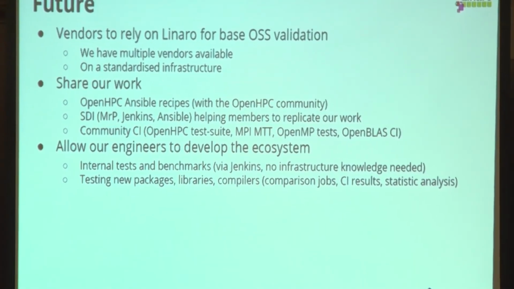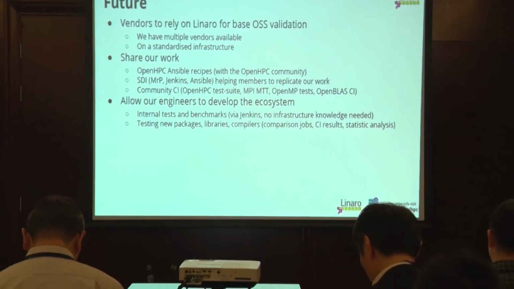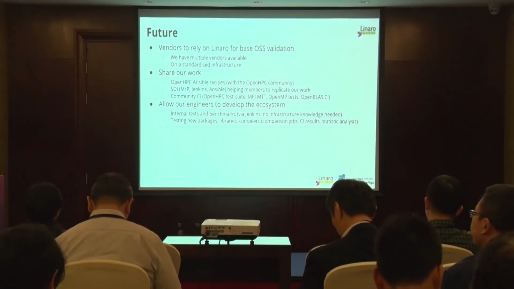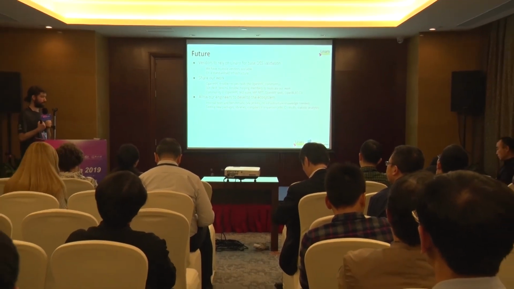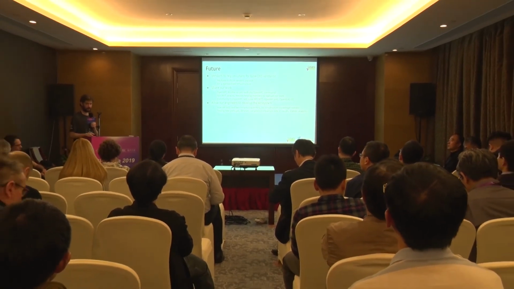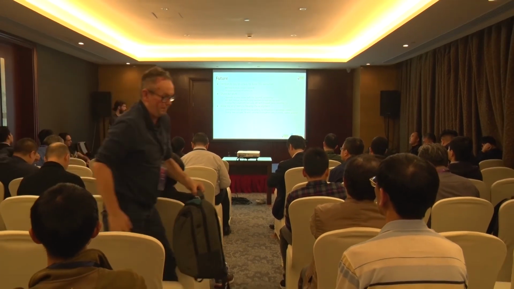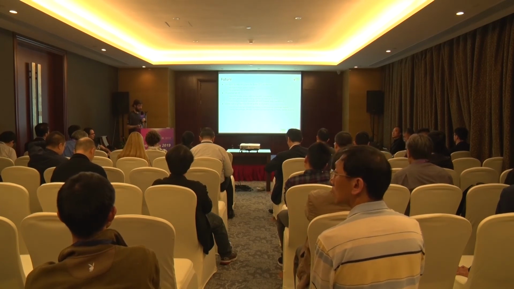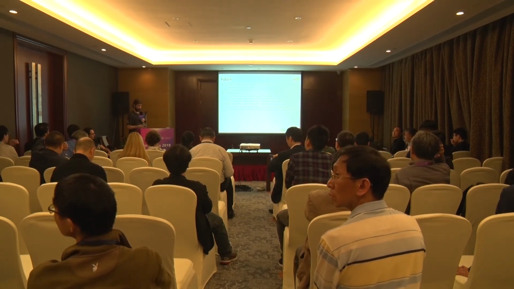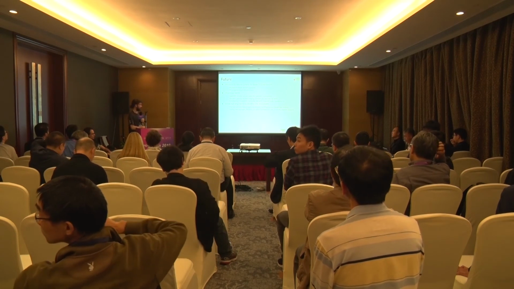Of course, the infrastructure must allow us to test new packages, libraries, and compilers, and compare them all, and be able to have statistical analysis and in-depth analysis of all those results, to allow us to further enhance and optimize everything.